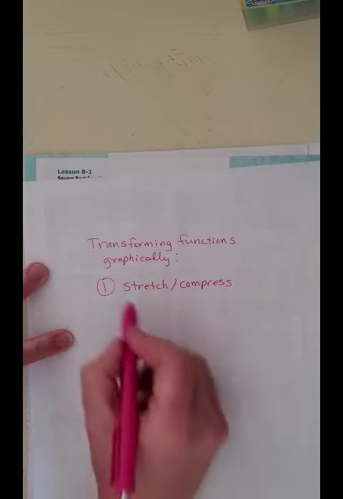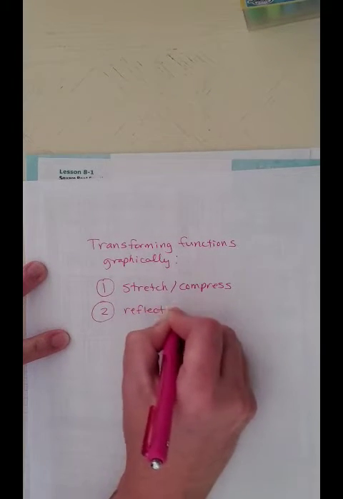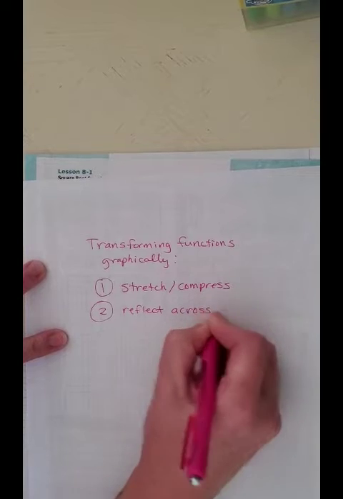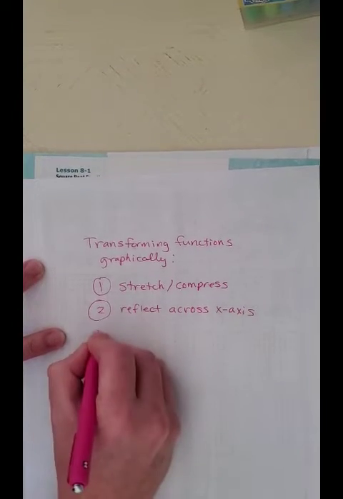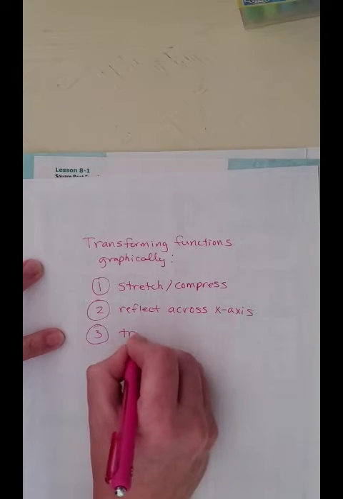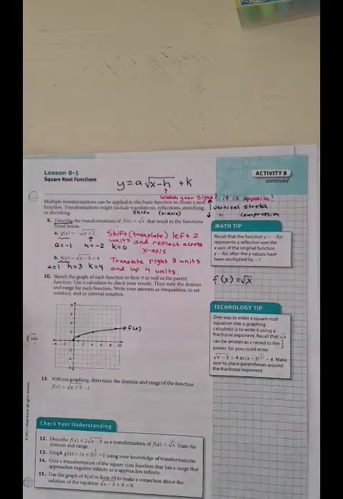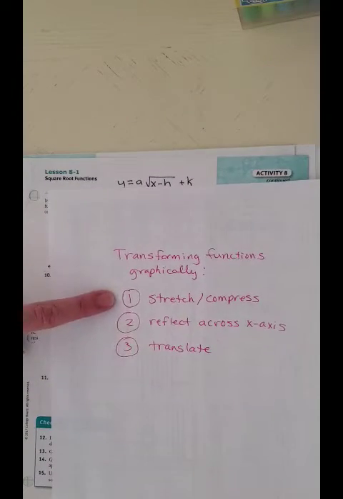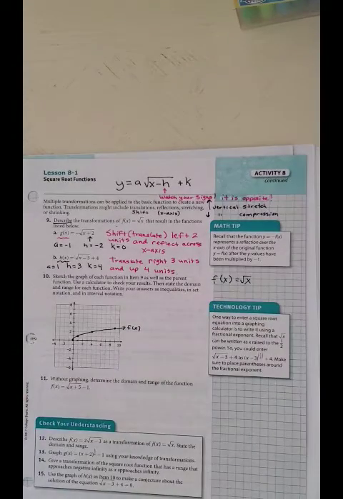This one won't have either. Next, you're going to reflect across the x-axis if there's a reflection. And the last move will be the translation. Okay, so that is exactly what we're going to do. We're going to stretch if there is one, reflect if there is one, and then translate if there is one.